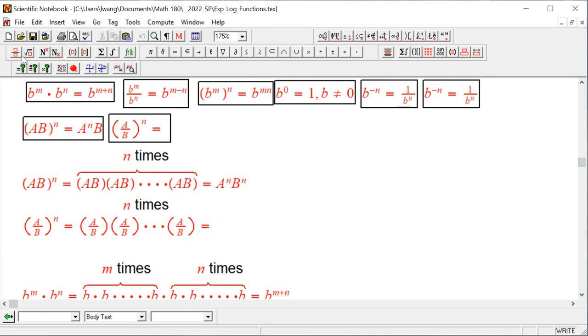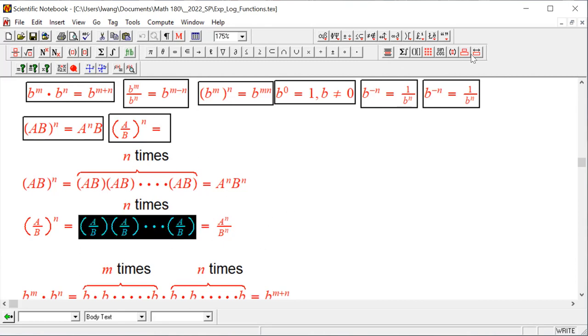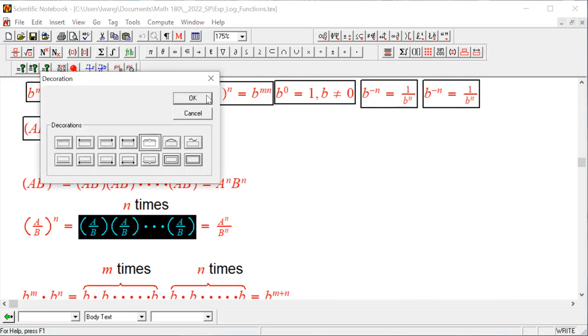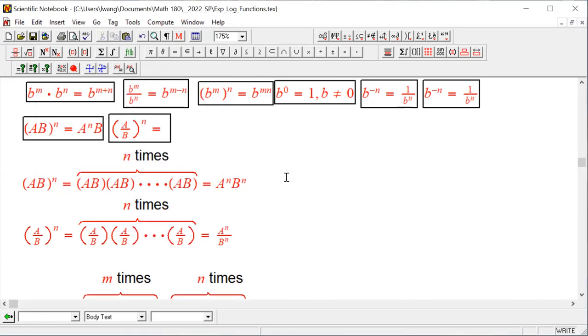So in the end, we get A to the power of N over B raised to the power of N. Okay, so of course that's N times, right? So we have derived all of these very useful properties.